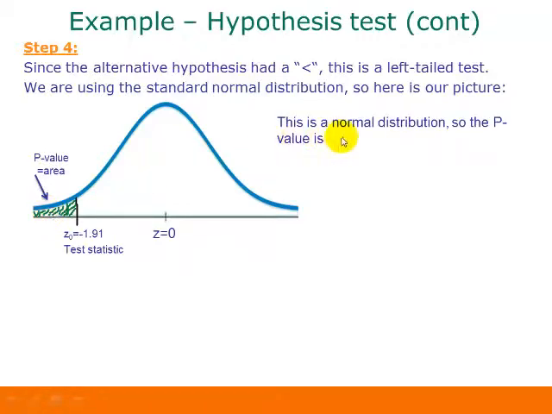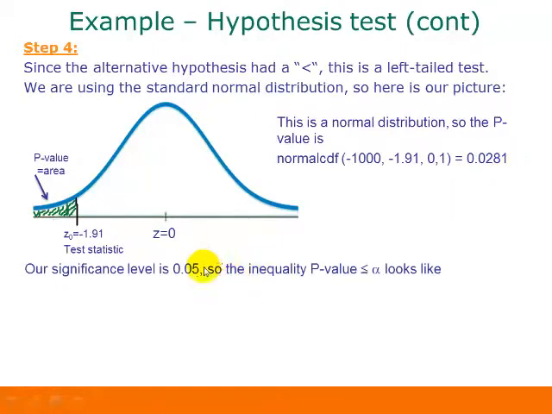And since this is a normal distribution, we would calculate our p-value by finding normal CDF. Looking at our picture, we're going from way over here, so we use a large negative number, to our test statistic, which is negative 1.91. Our mean is 0, and our standard deviation is 1. So if we calculate this, it turns out to be 0.0281.